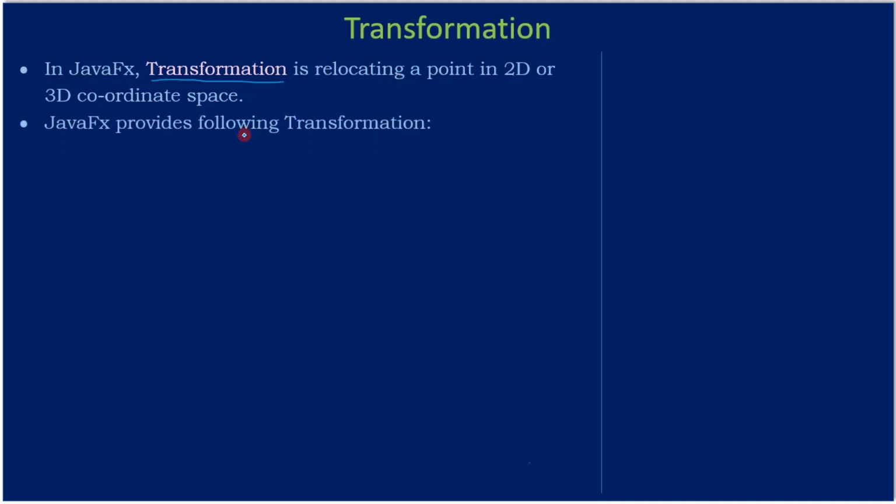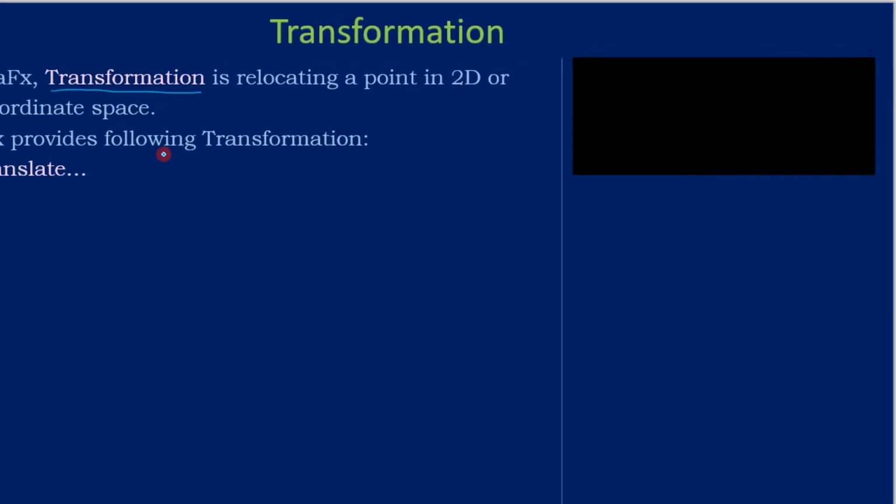JavaFX provides the following transformations. The transformations are translate. Say for example, let's assume that the Z coordinate space is pointing towards you. So in translate transformation, let's state that you have a circle.